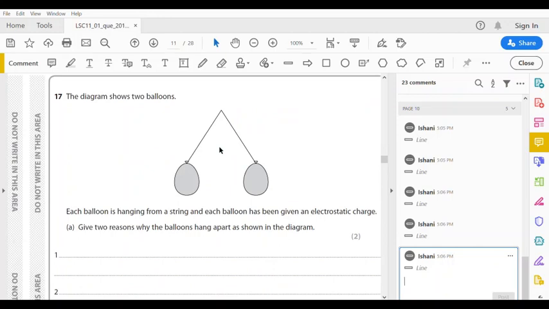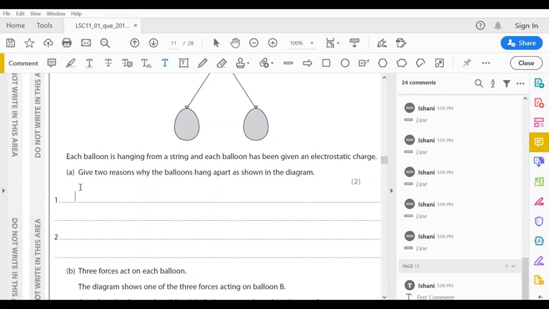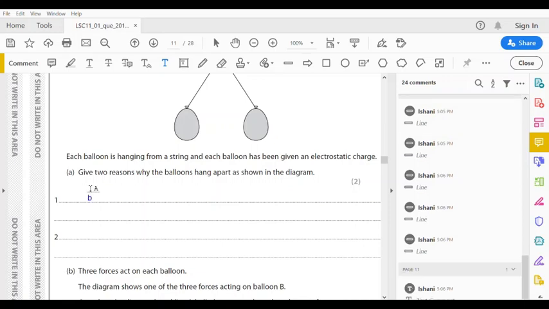Next one, the diagram shows two balloons. Each balloon is hanging from a string, and each balloon has been given an electrostatic charge. Give two reasons why the balloons hang apart as shown in the diagram. So the reason is, if they are repelling, that means they have the same charge. So we can write both have the same charge.